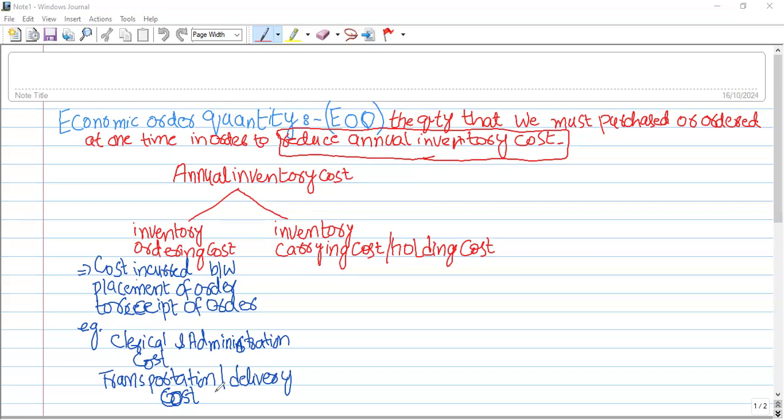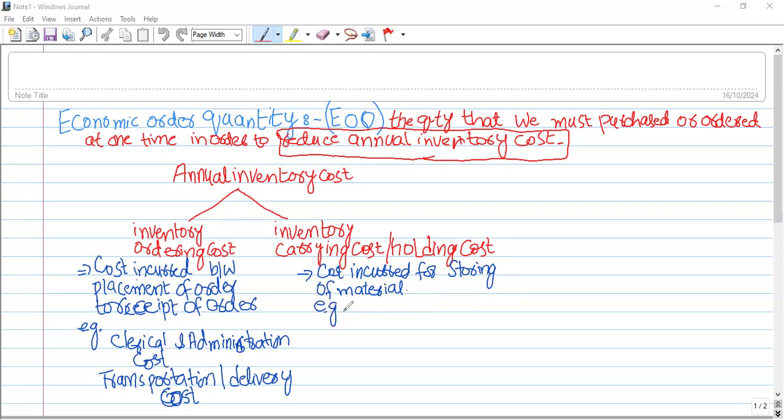If we define the carrying cost, we say the cost incurred for storing of material is known as holding or inventory carrying cost.